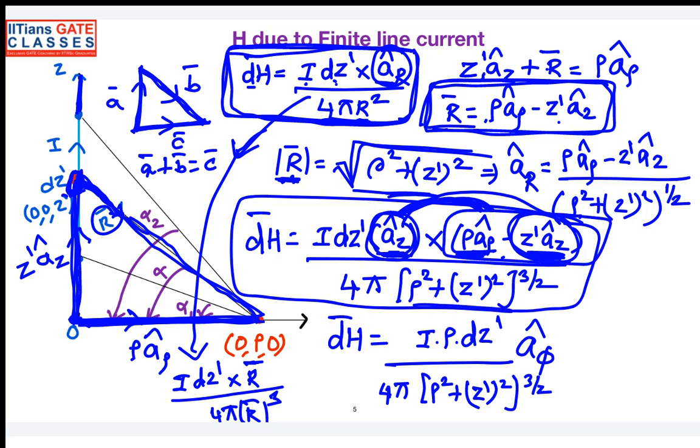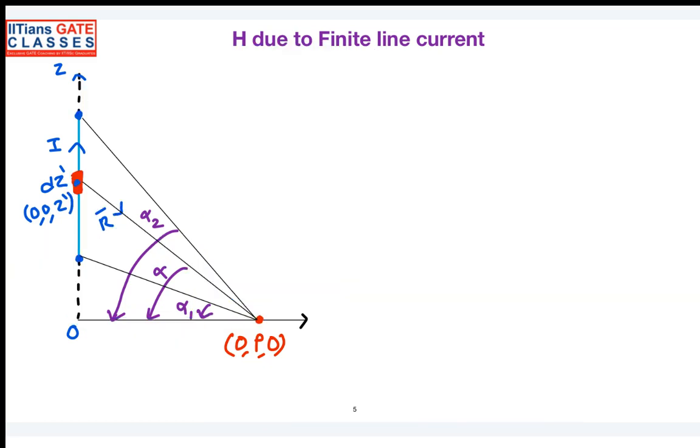Yes, sir. So finally, this is your magnetic field intensity due to a small current element. Once again, I will clear the slide and I will write. So what is the value you are going to get? I rho dz prime divided by 4 pi into rho square plus z prime square whole power 3 by 2.